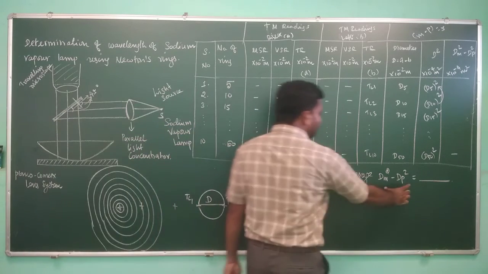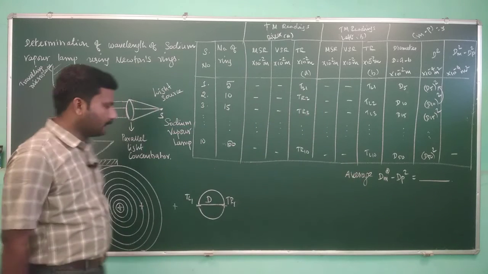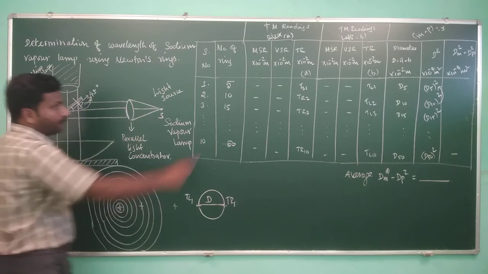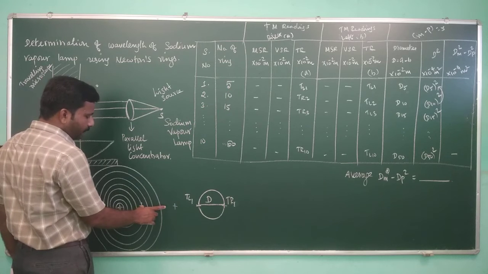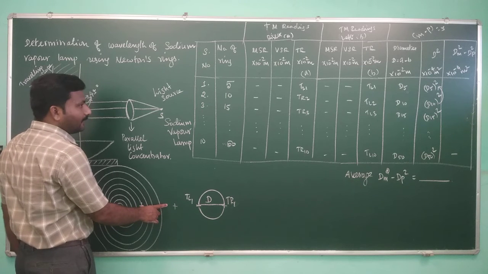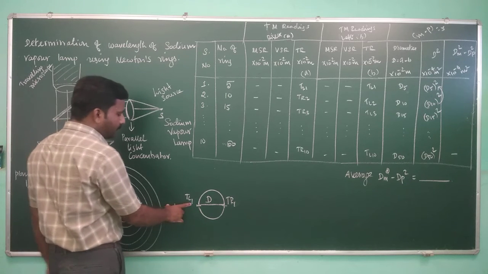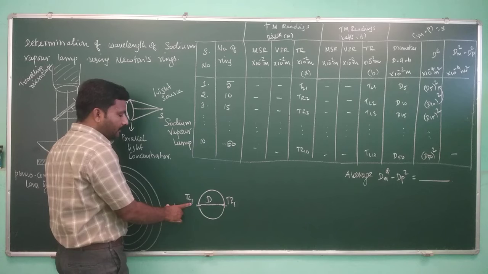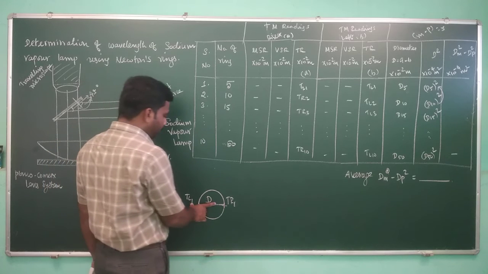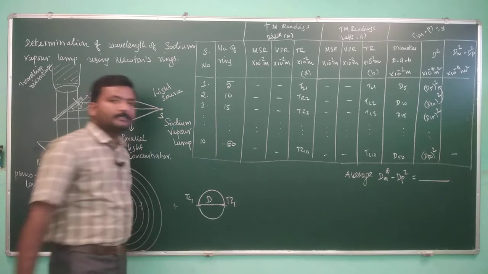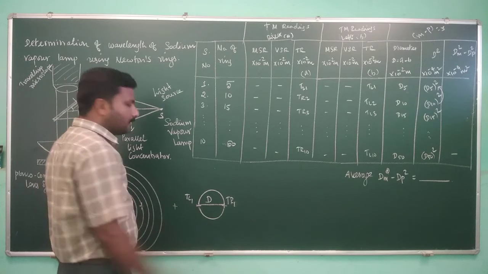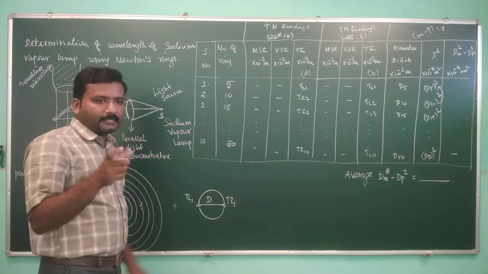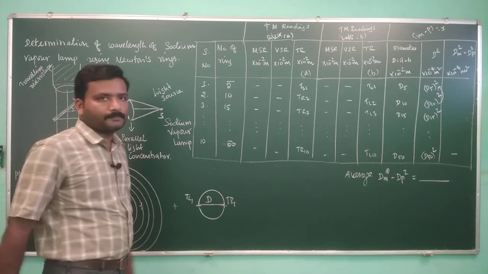The first reading will give you the difference in the diameter of the 5th and 10th ring, the second reading will give you the difference in the diameter of the 10th and 15th ring, and the third reading will give you the difference in the diameter of the 15th and 20th ring, and so on. So if you take the average, you will get the average differences of the diameters of 5 rings.